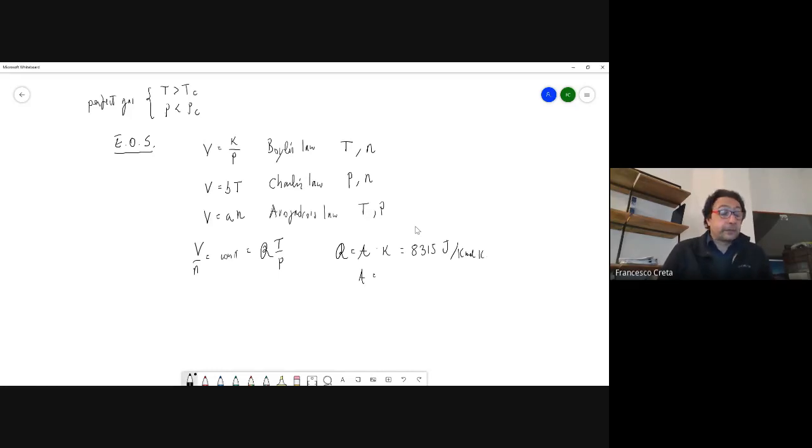Avogadro's number is something like 6 times 10 to the 23. The units are per unit mole, so molecules per unit mole, okay? And Boltzmann constant, on the other hand, is 1.38 times 10 to the minus 23 joules per Kelvin, okay?